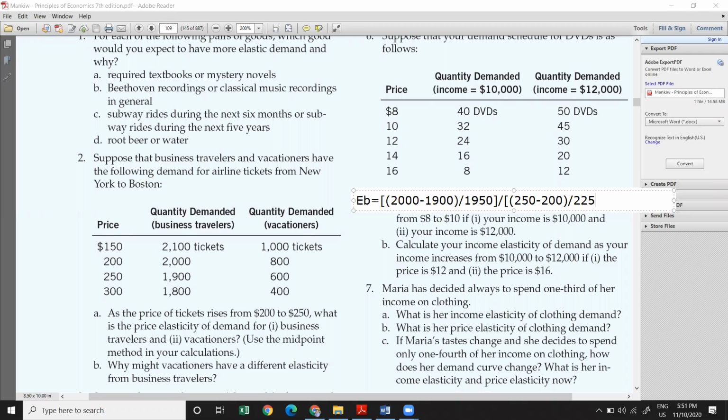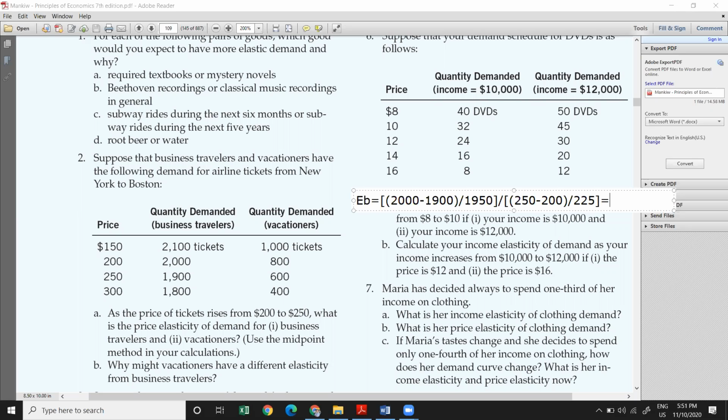This is what we call the midpoint. And this will give you the elasticity of demand for the business travelers, which is 0.23.